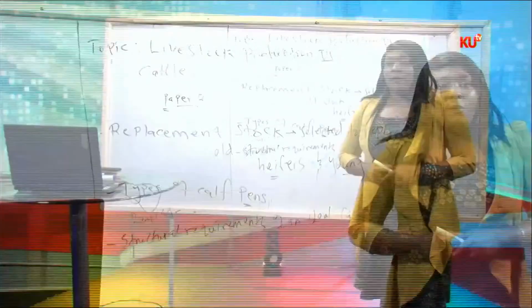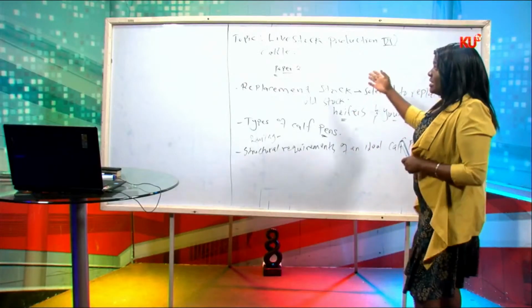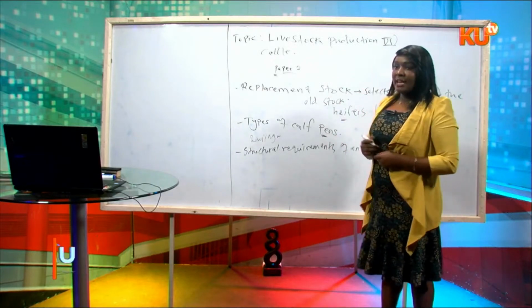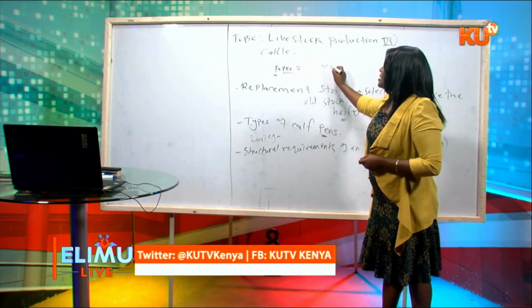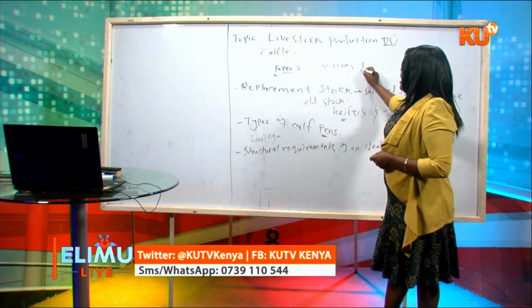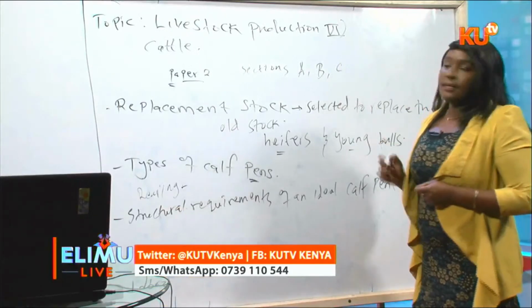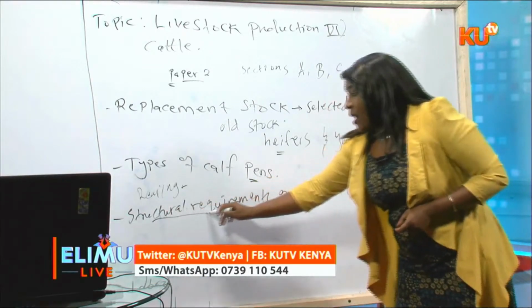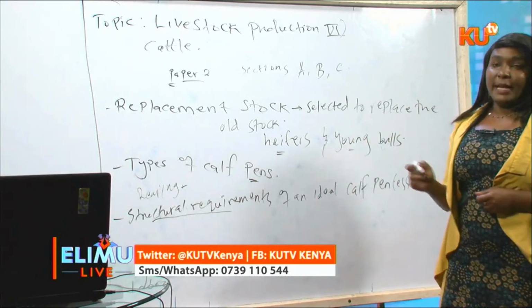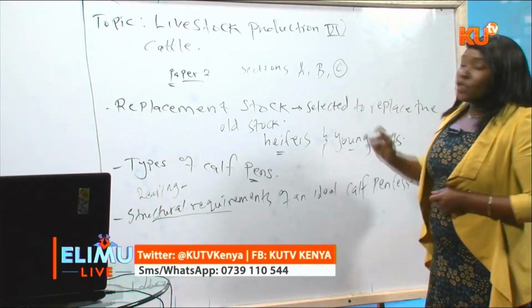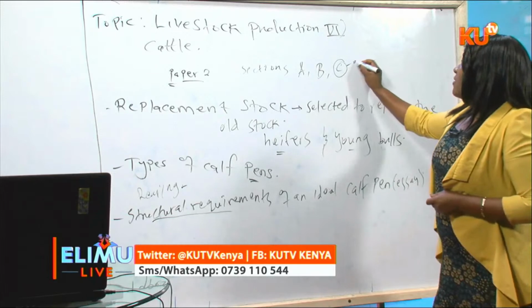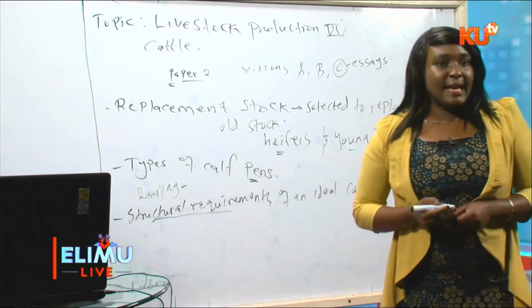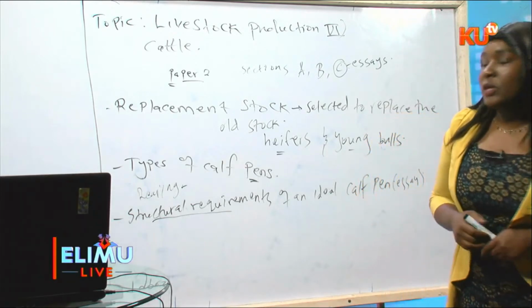At Form 4 level, by now you're familiar, we have already said that this is a topic in paper 2, and you know in paper 2 or in any paper in agriculture, we have sections A, B, and C. This bit of the structural requirements of an ideal calf pen is commonly tested in section C, which comprises the essays, which can carry even up to 20 marks.